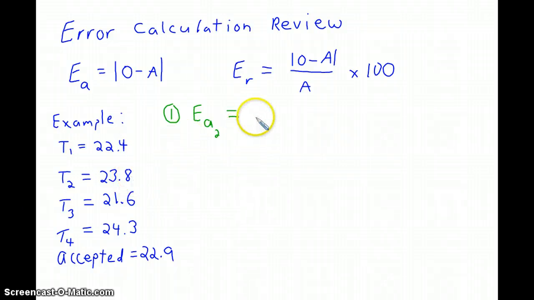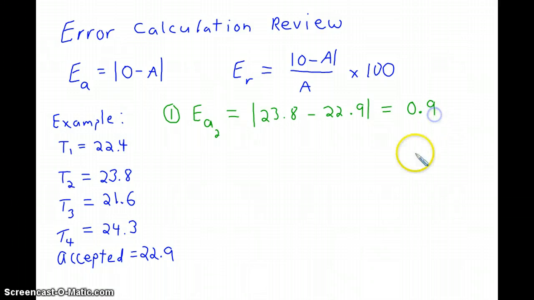So trial 2, the observed value is 23.8, and below I have an accepted value, which will always be known to you during a lab as 22.9. So we will subtract those two values, take their absolute value, and simply get a number of 0.9 as our absolute error. So that's as simple as that.